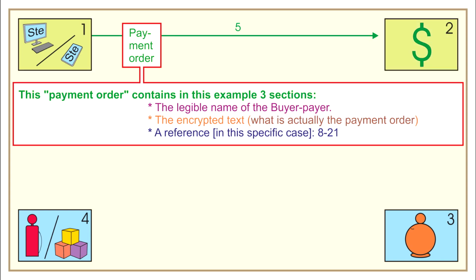reference 5. This payment order contains in this example 3 sections: the legible name of the buyer-payer, the encrypted text, which is actually the payment order, and a reference, in this specific case, 8 to 21.